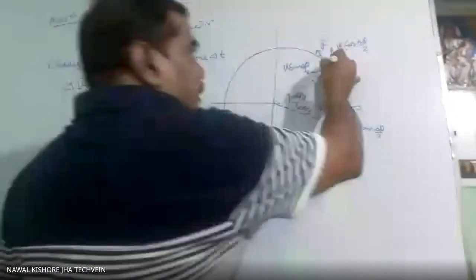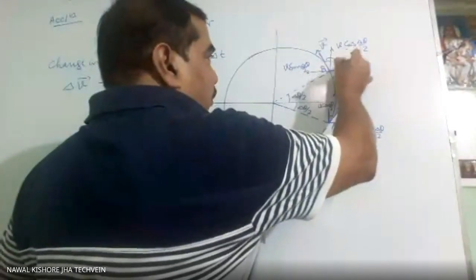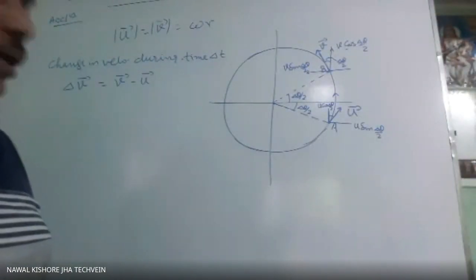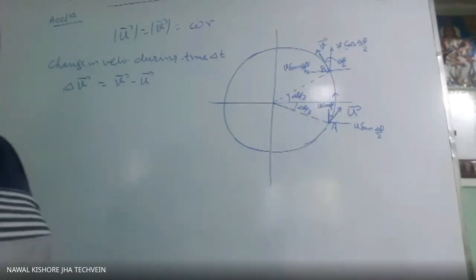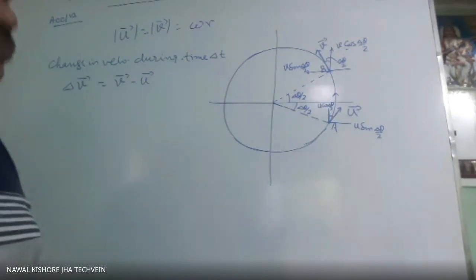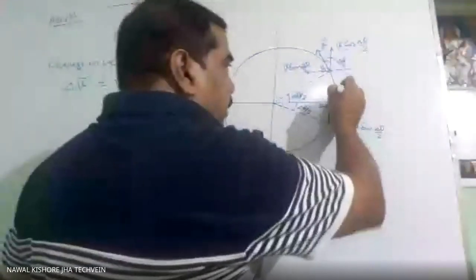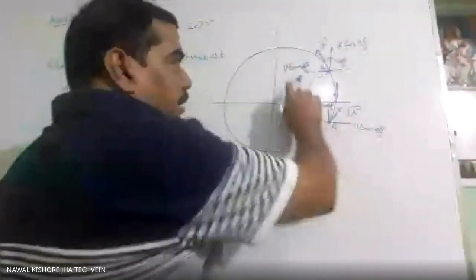But this angle will be delta theta by 2. The angle between radius and tangent is always 90 degrees. So the angle between the tangent at this place and the tangent at this place is the same, delta theta by 2.